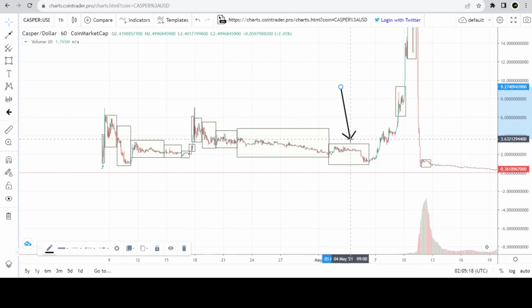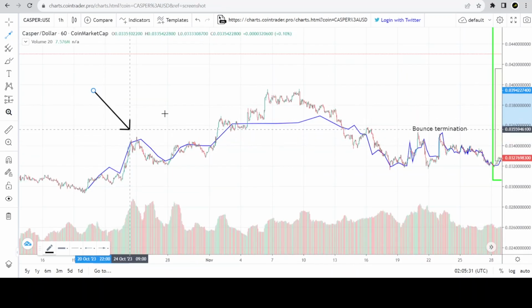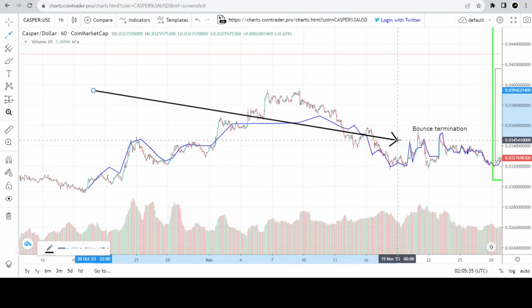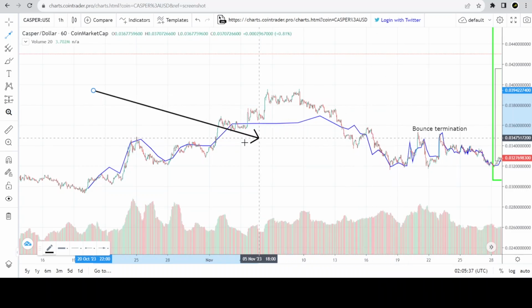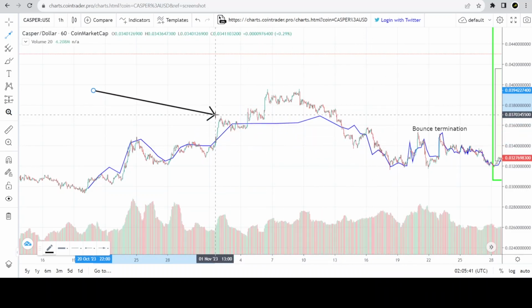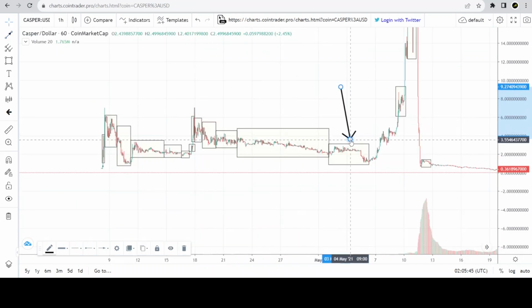Let's jump back to where we are today. Here is that fractal, the final bounce or the larger bounce before the bull run begins. Now I have taken this fractal and matched it to today's timing, height, and depth. Just to be clear, it is this one right here.